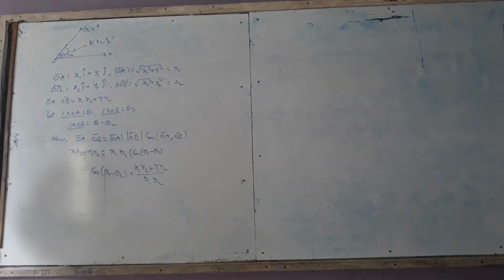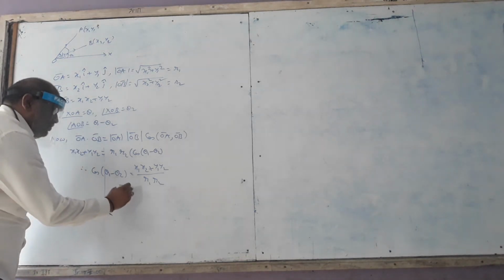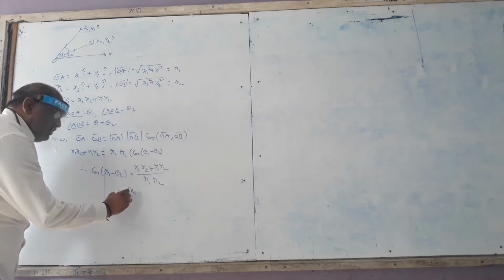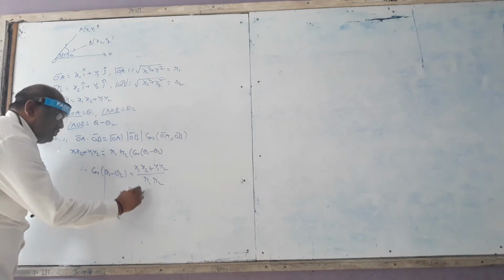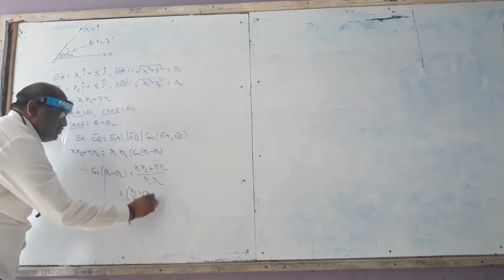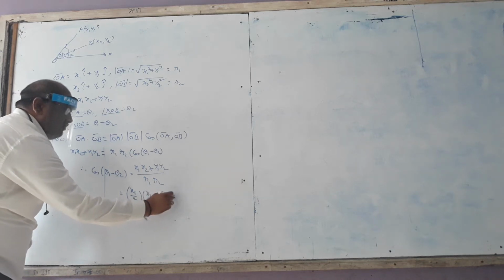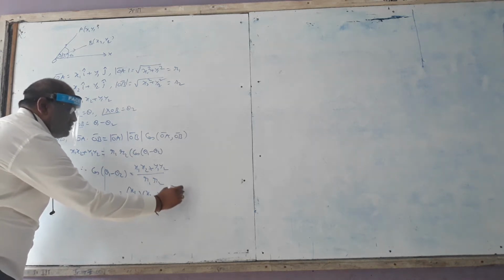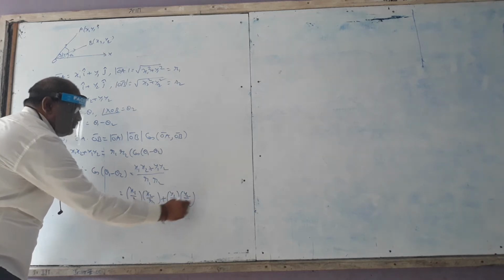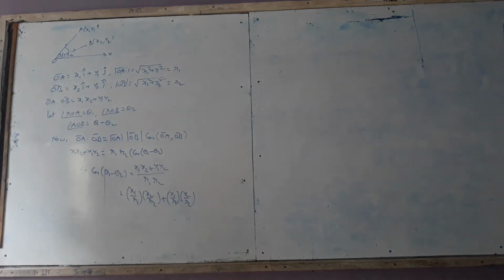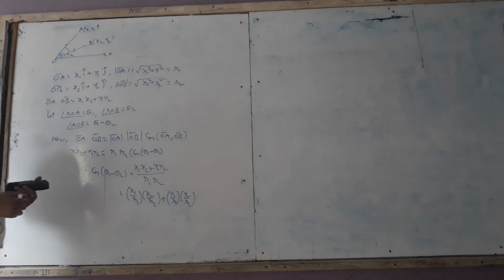Again split into two terms: x1 x2 by r1 r2, which I write as x1 by r1 into x2 by r2, plus y1 by r1 into y2 by r2. Whenever you see x by r, y by r, we call them trigonometric ratios. x by r is nothing but cos theta, y by r is nothing but sin theta.